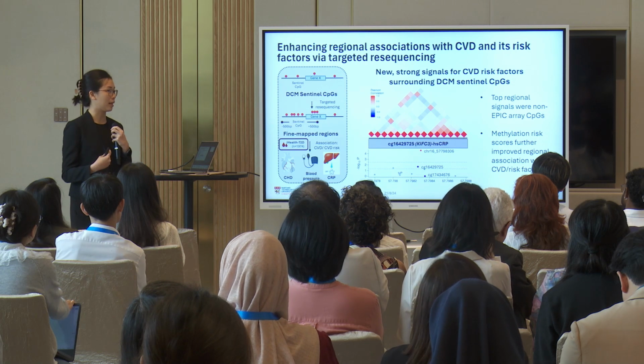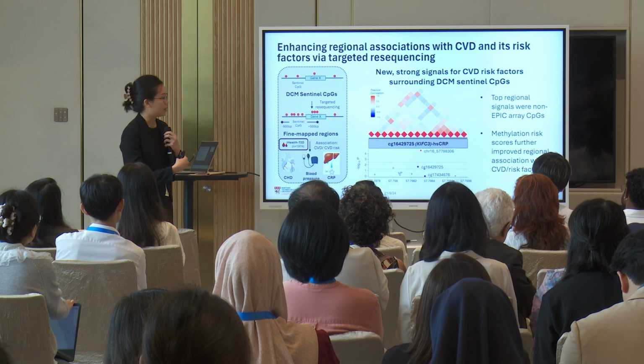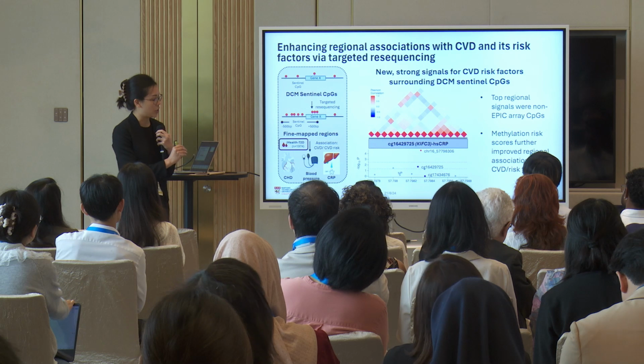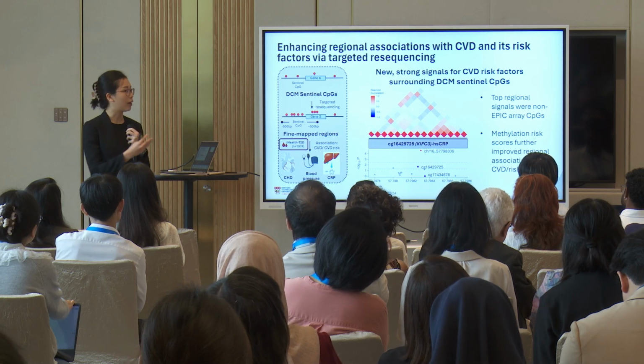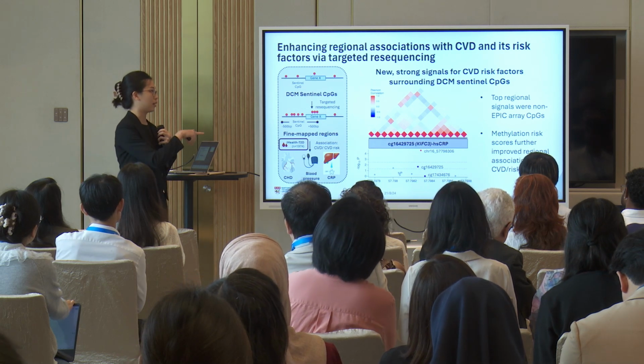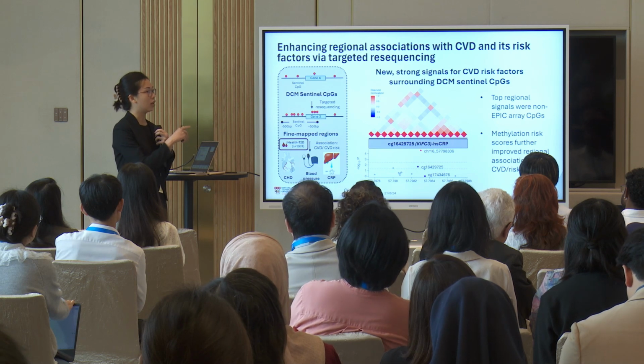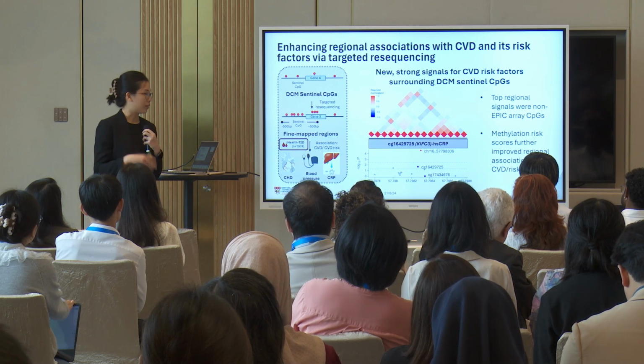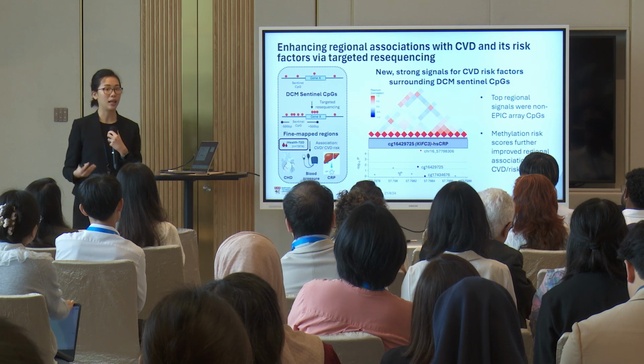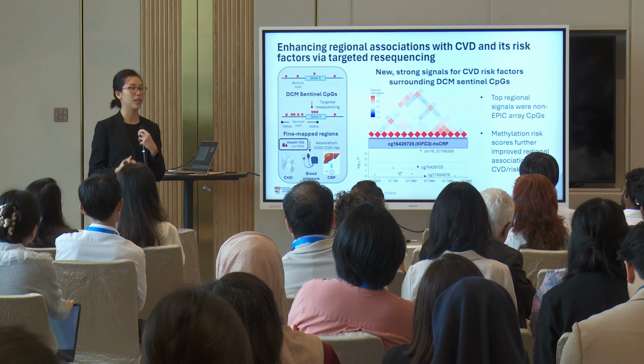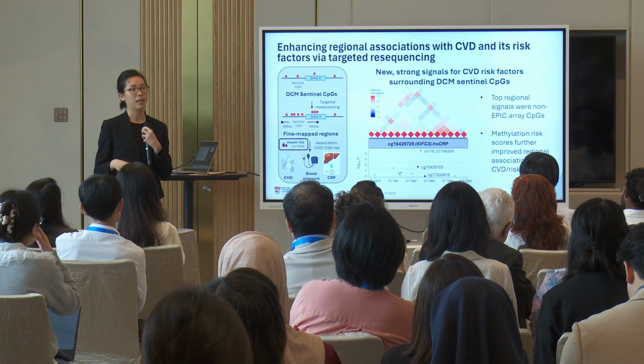I'm showing an example here. The purple diamonds are the CpGs linked to DCM, but around them, for example the red top hit in this region, it is not on the EPIC array. Because of this targeted resequencing, we were able to capture this signal as being associated with preclinical cardiovascular traits.